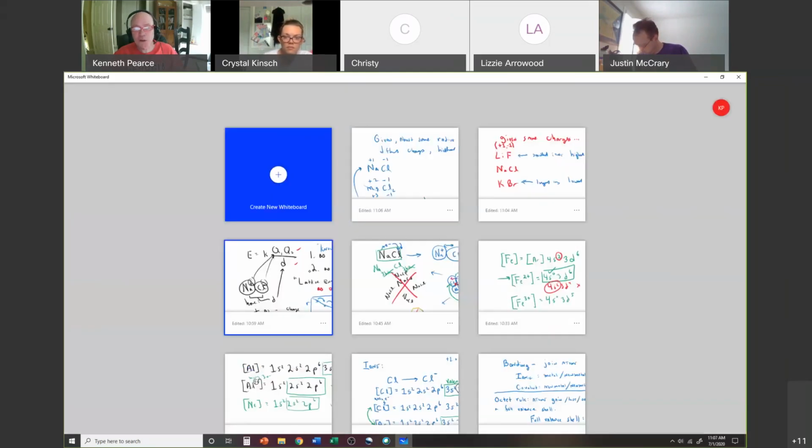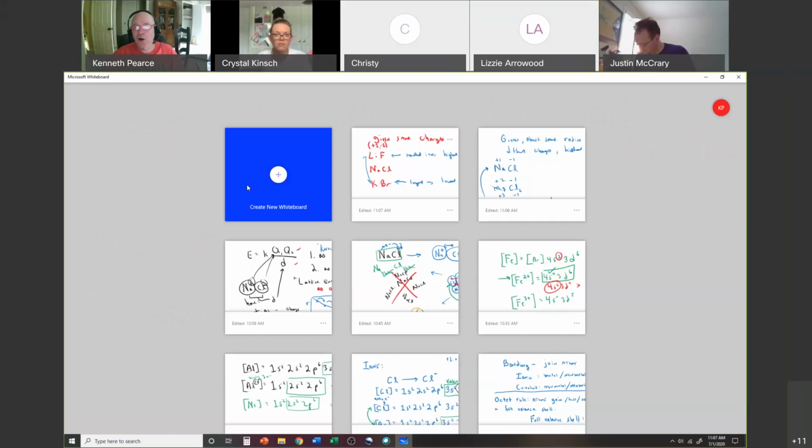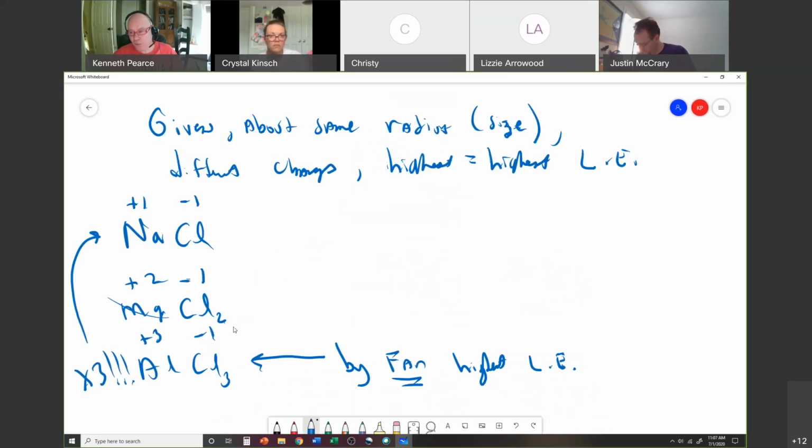Over there, lithium fluoride was a higher lattice energy, but the difference in radiuses is certainly not a factor of 3, which we have over here.